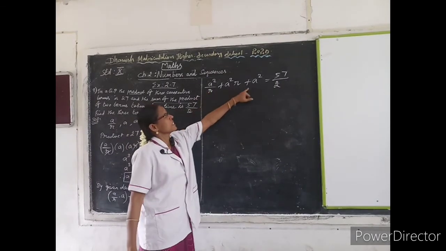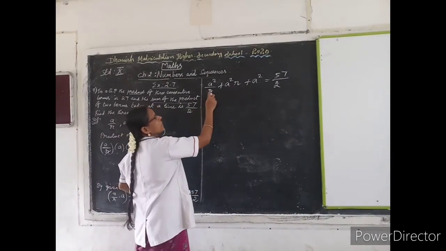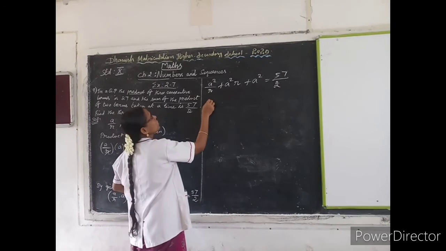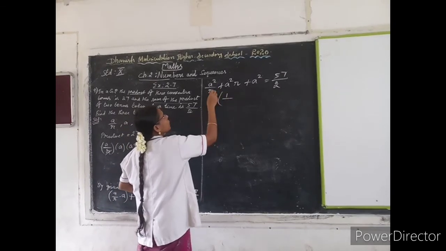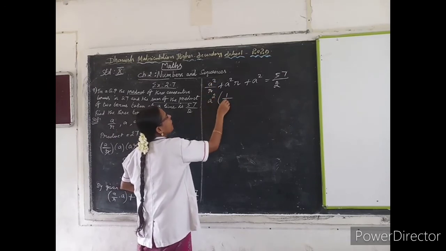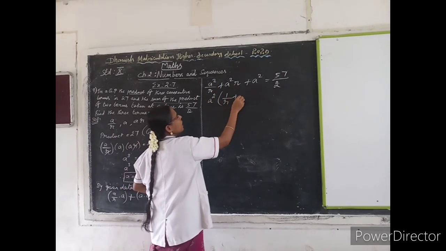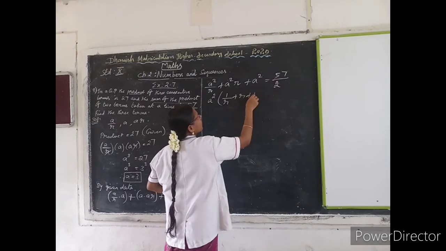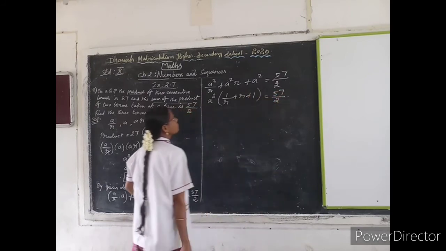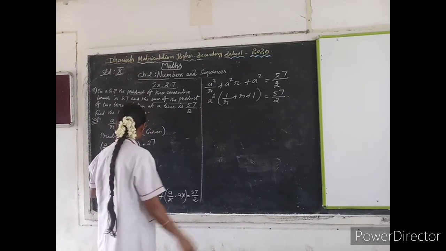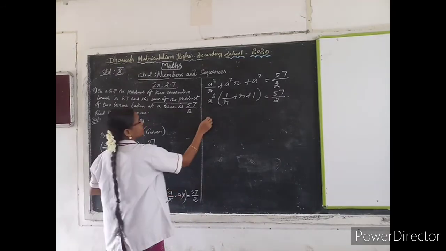There are 3 terms here, so among these a square is a common term. Take it out. a square into the remaining terms, 1/r plus 1 plus r, is equal to 57/2. We know what a is: a is 3.